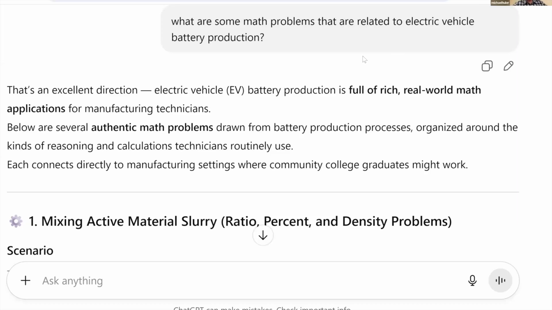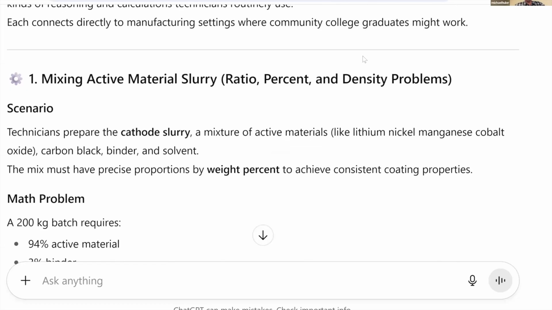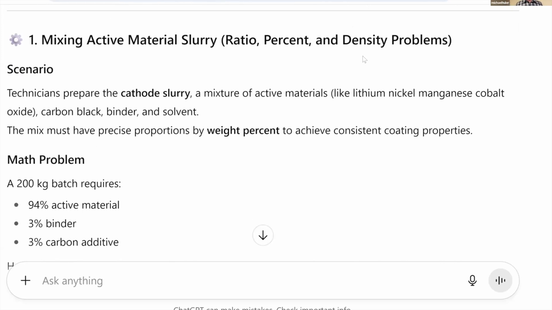We didn't get very far. We asked, what are some math problems that are related to electric vehicle battery production? Because we really had no idea what they would be. It came up with mixing active material slurry, which turned out to be some interesting math problems, not difficult, but interesting. It said that a 200 kilogram batch would require certain percentages of things.